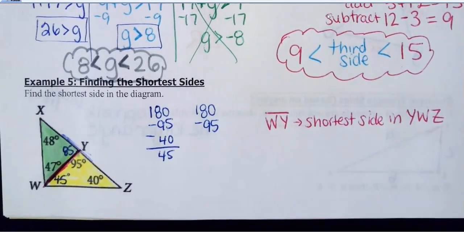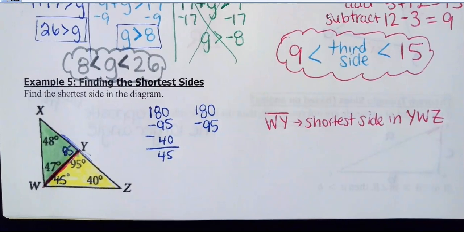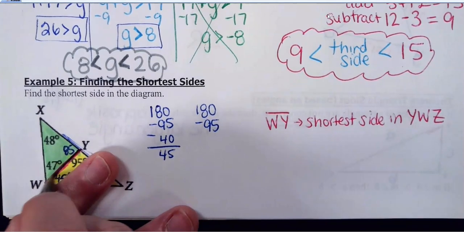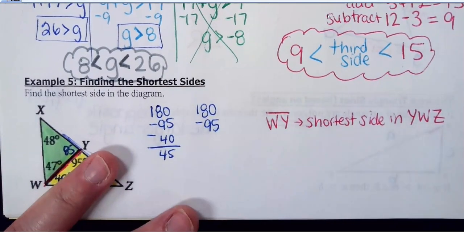Okay, now, is that the shortest side in the diagram? What I would tell you there, I'm going to look at this green triangle now, is YW the shortest side in that triangle? No, it's not.